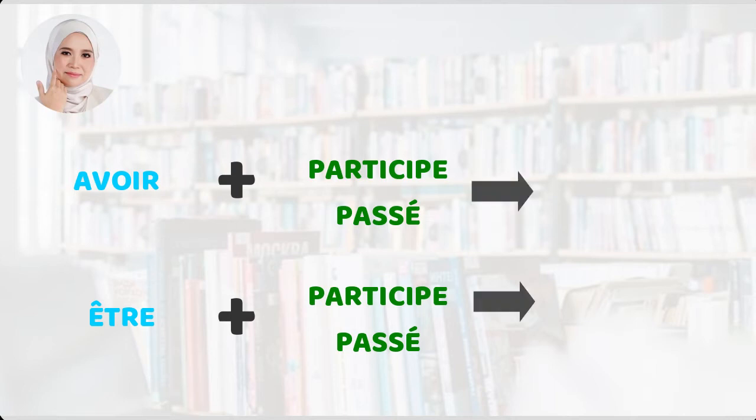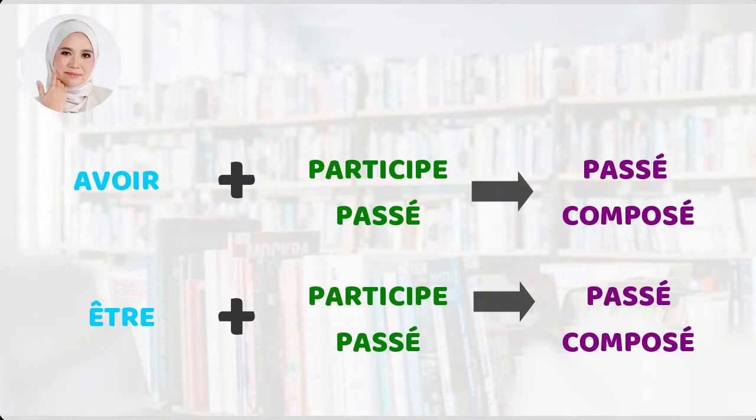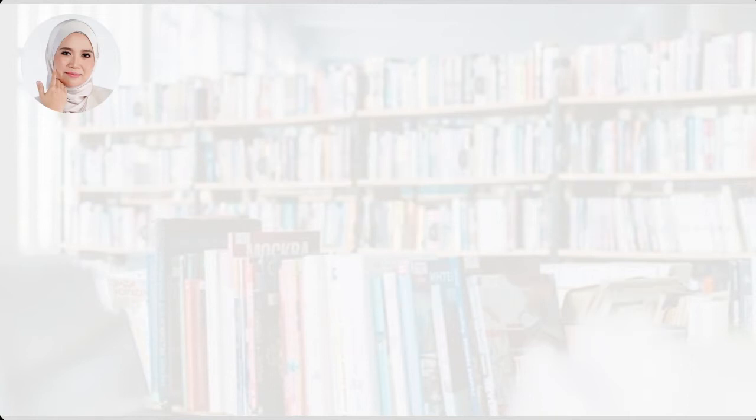So these two are needed to form passé composé. Alright? I have explained in detail which verbs are using auxiliary avoir and which are using auxiliary être. So now, let's look at the verb avoir and être, which will be used as auxiliary to the passé composé.